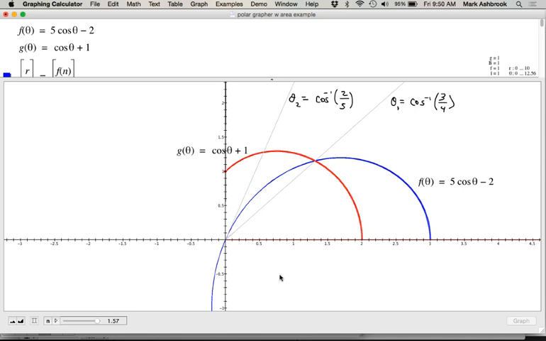Okay, so we want to recall how area works. So just let me put a little sketch up here. So the way area works is we have some r as a function of theta, and I'll call it h. I'm only using f and g.